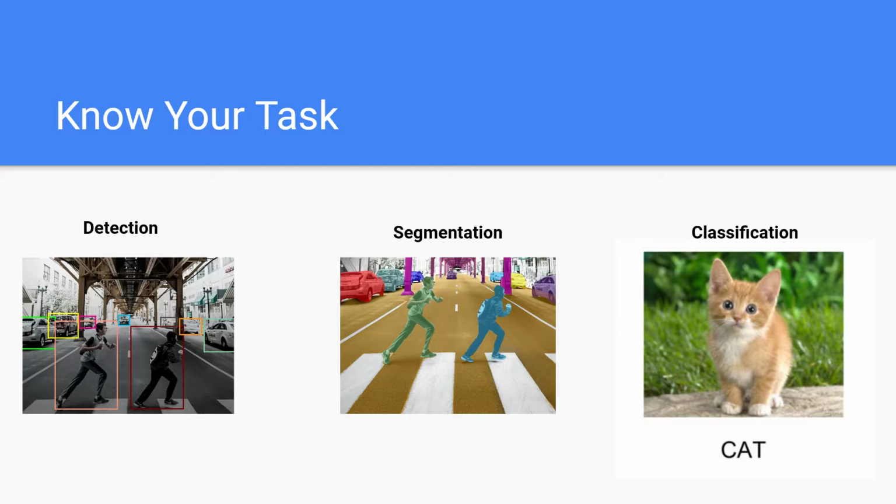Then we have segmentation that tries to identify the specific pixels within the image and what type or class of object each pixel belongs to. And then finally classification, which is the bare bones, most simple rudimentary case of computer vision where you just show a model a picture of some object and it tells you what that object is.